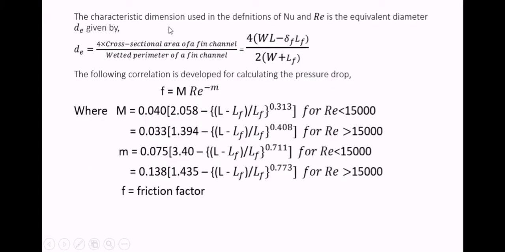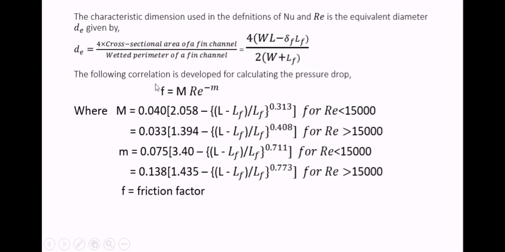The characteristic dimension used in the definitions of Nu and Re is the equivalent diameter D, given by D is equal to 4 into the cross-sectional area of a fin channel divided by the wetted perimeter of a fin channel, which is given by 4 into W L minus delta F LF divided by 2 into W plus LF.